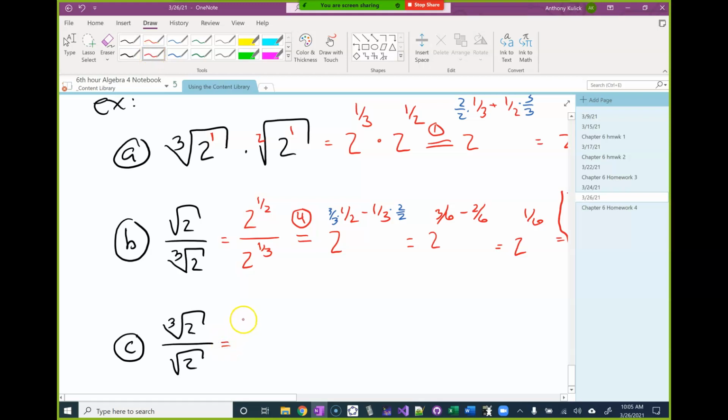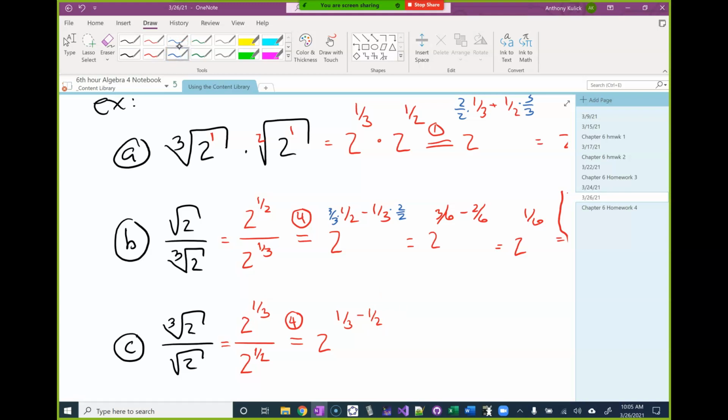So again, no prime factorization to do, so I'll just convert these to exponential form. I'm not going to talk through how to do that because it's been the same exponential form for the last 3 examples, right? So we'll use property 4 to rewrite that as 2 to the 1/3 minus 1/2.